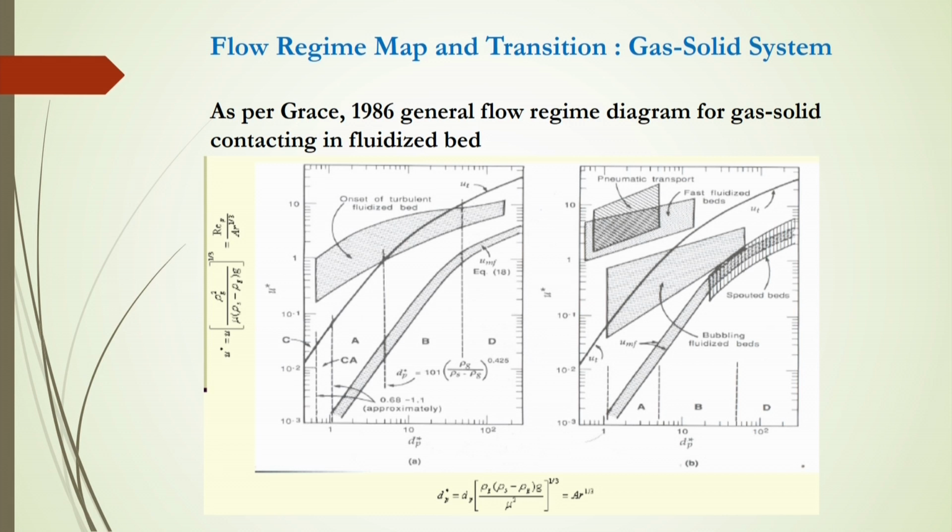They got different results for different fluidization phenomena, and they suggested one map representing the transition of different flow regimes based on their experimental data.